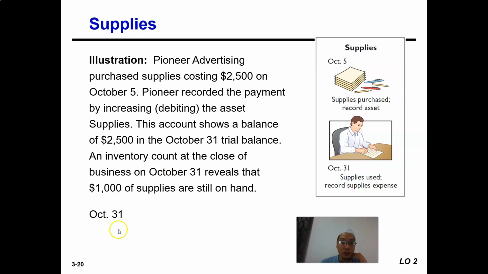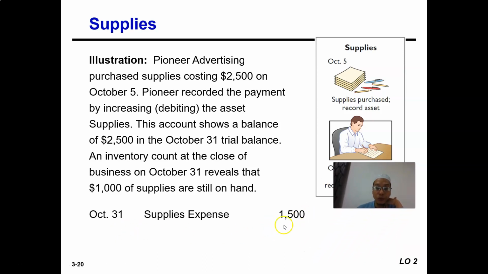So on the 31st of October, what they need to do is debit supplies expense, because 1,500 worth of supplies they have actually used.